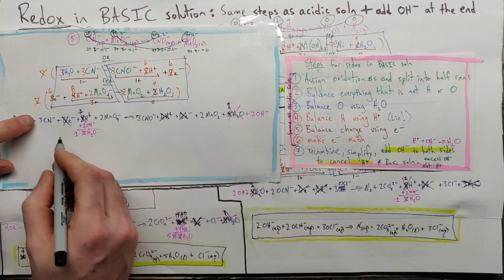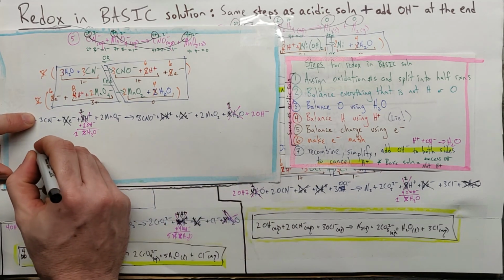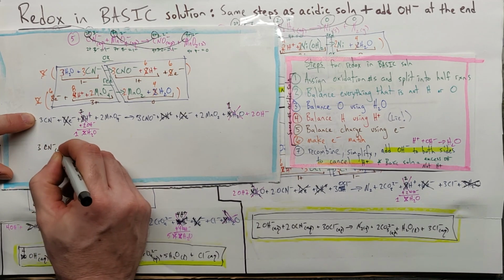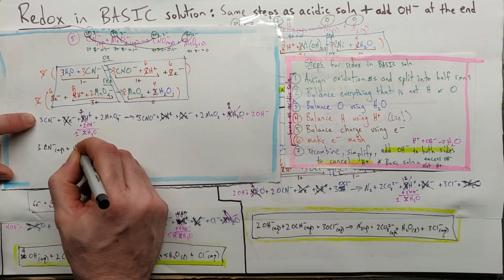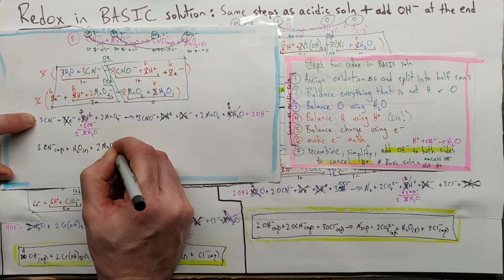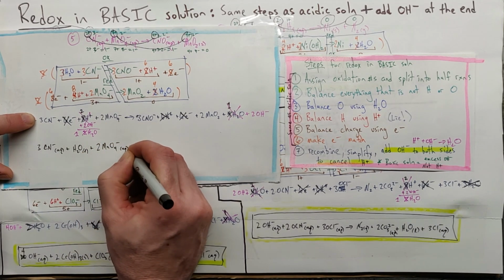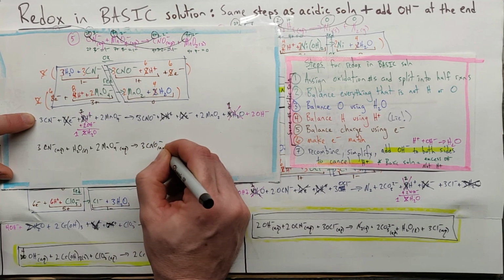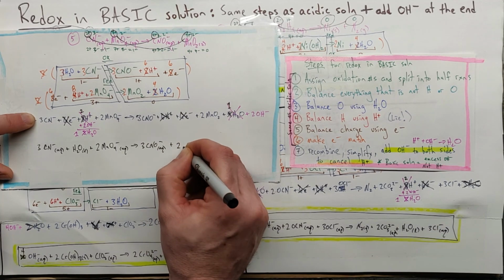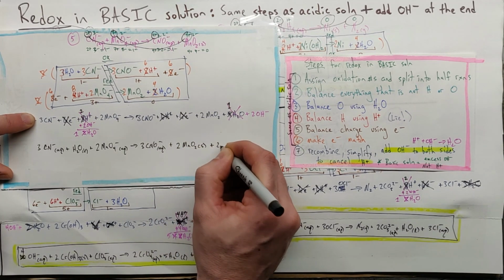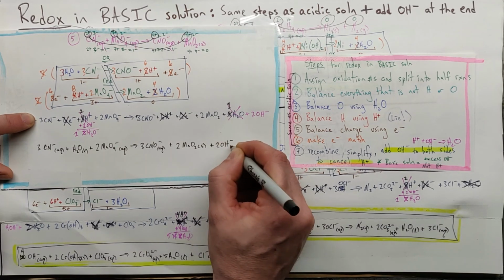And then with any luck we can rewrite our final answer and be done. We've got 3 cyanide ions and water, 2 permanganate ions, 3 CNO, 2 manganese dioxide, and 2 hydroxide ions.